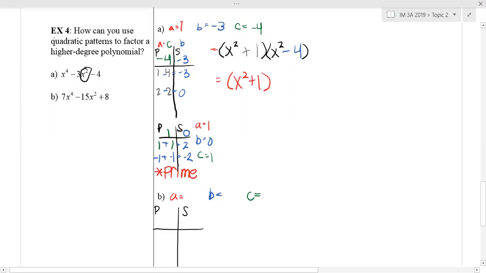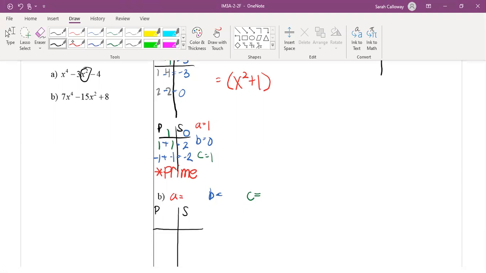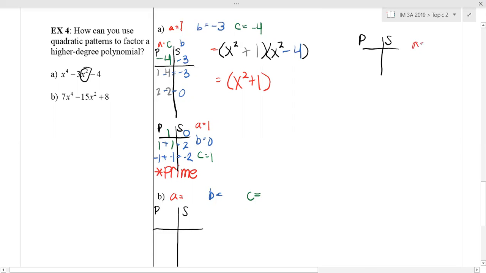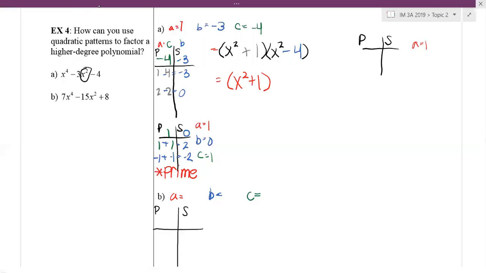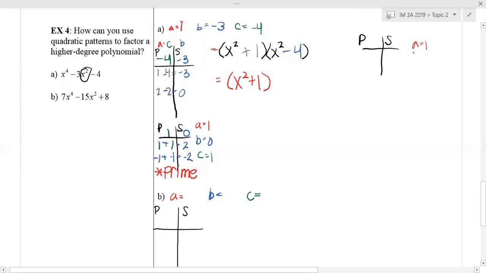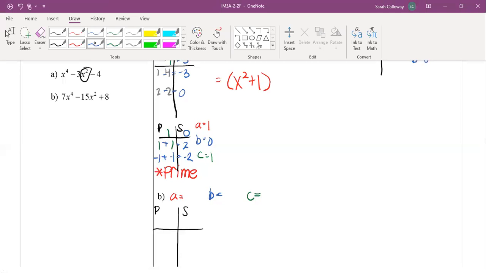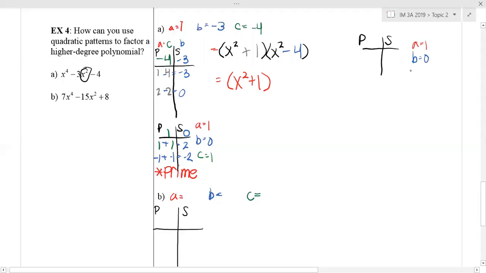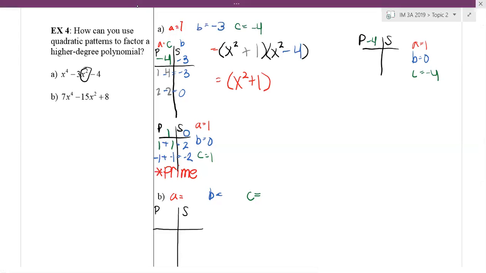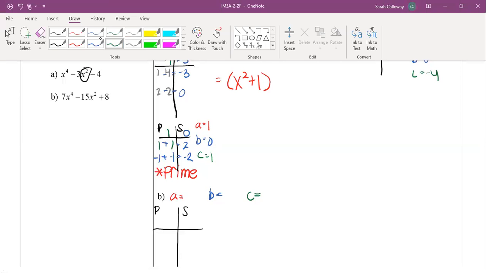So if we're looking at x squared minus 4, for this one, the value for A is also 1. And the value for B is also 0. So notice that we have no x term again. And why this one works is because our value for C is negative. So C is negative 4. So when I multiply 1 times negative 4, I get negative 4. And I want it to add to 0.